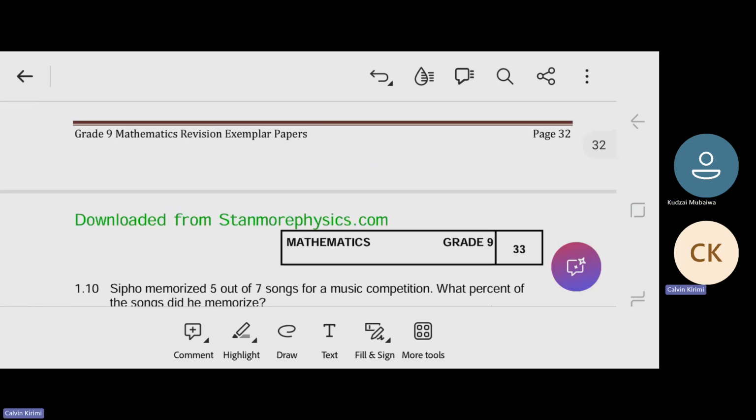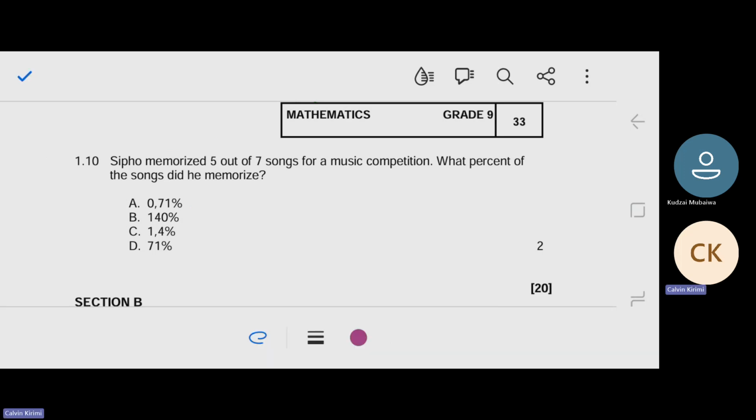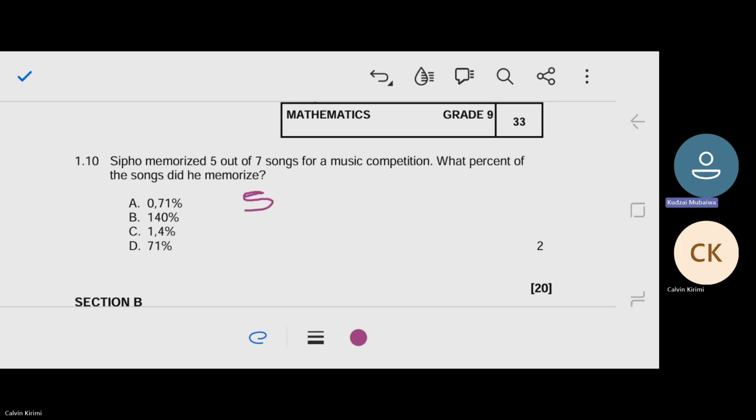Let's go to number 1.10. Sipho memorized 5 out of 7 songs of the music competition. What percentage of songs did he memorize? When you're calculating this, you say what? We say 5 over 7 multiplied by 100.